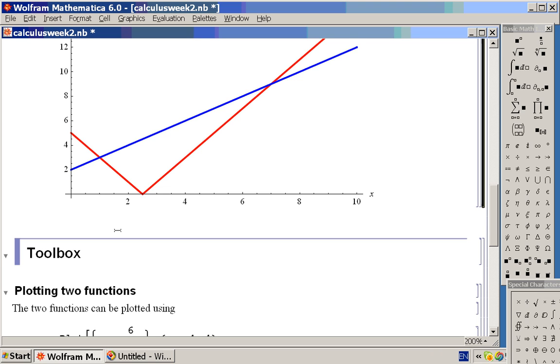We can see that one of the places is to the left of the cusp here, which is 5 over 2.